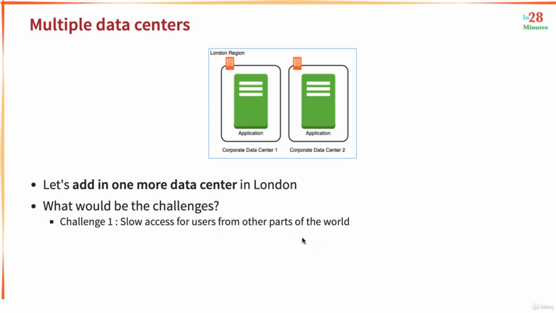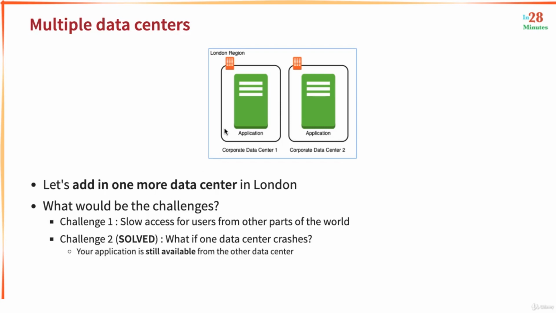This challenge still remains, no change as far as challenge 1 is concerned. Challenge 2, what if one data center crashes, is solved. Why? Because if one data center crashes, your application is still available from the other data center. So that's cool. Right? So that's one challenge we made progress with.